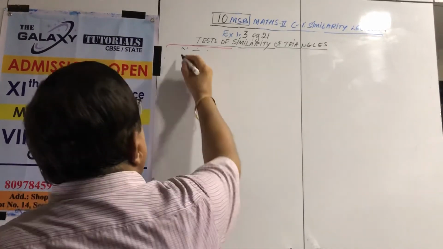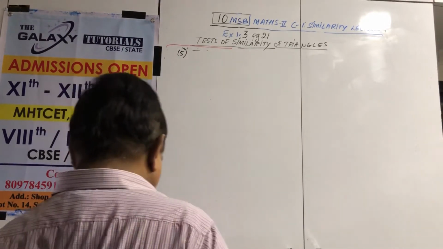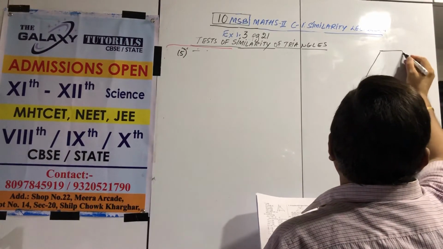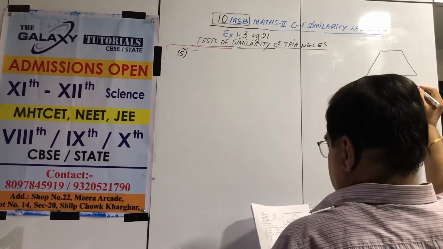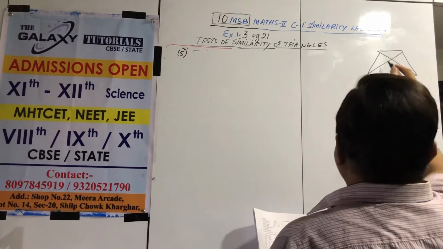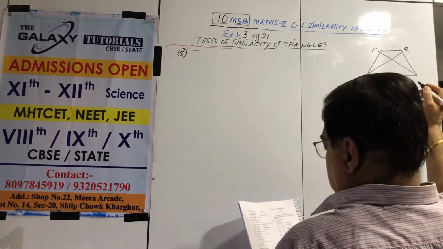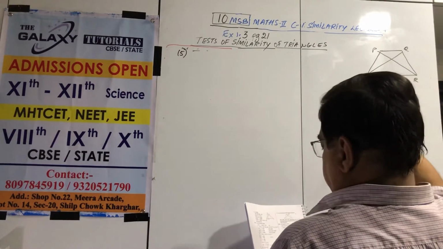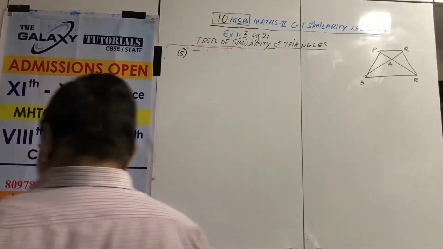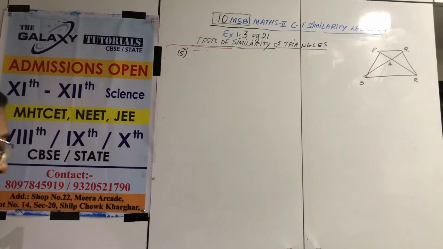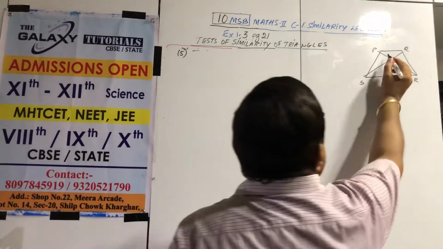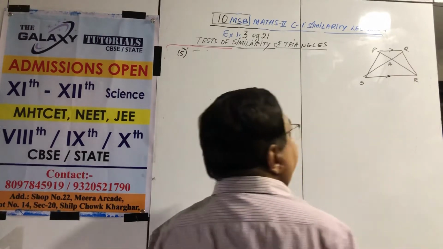Sum number 5. Diagram given. These are joined, and these are labeled P, Q, R, and S, and the intersection point is A. In trapezium PQRS, side PQ is parallel to SR. These are parallel, my friends.